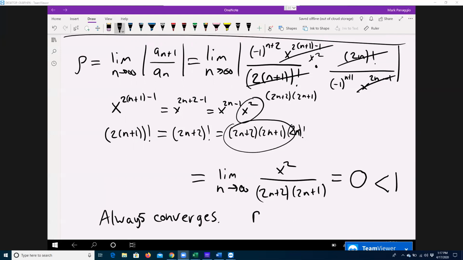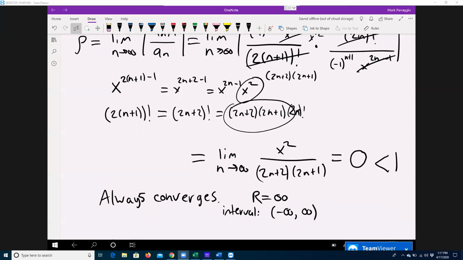So the radius, we would say, is infinite, and the interval is just negative infinity to infinity. Okay, any questions about that one?